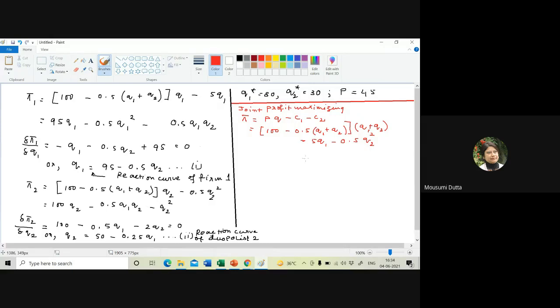Let's first write the simplified equation.